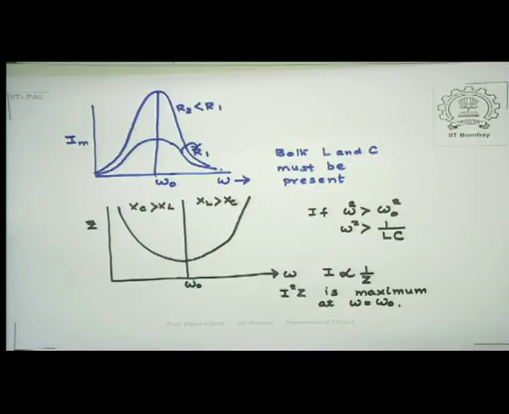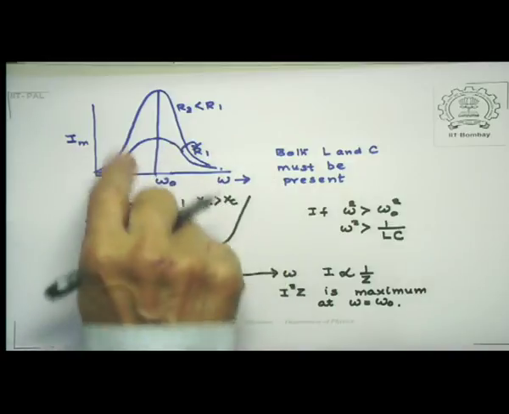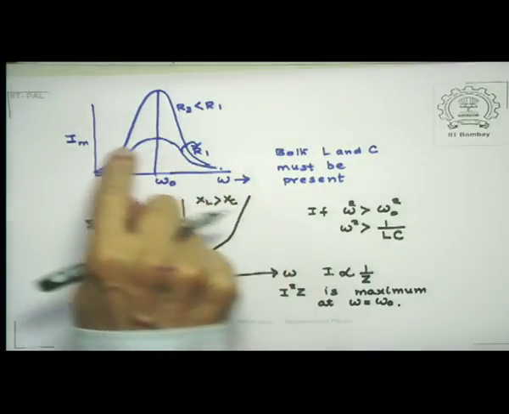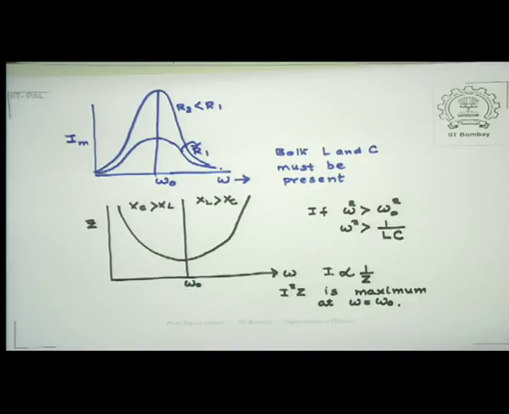Now, there is a prescription for deciding how to measure the sharpness of these resonances. What we do is, starting with omega 0, I can increase the frequency or decrease the frequency. Then I look at that point where the power absorbed is half the maximum power absorbed.